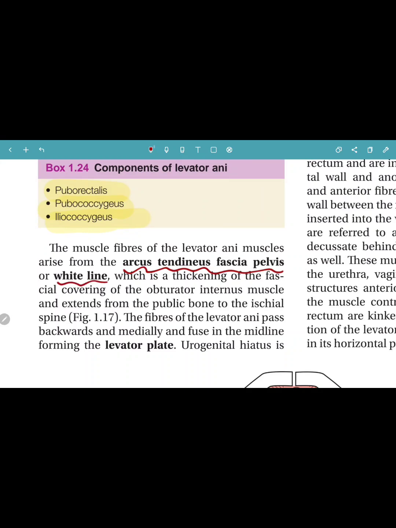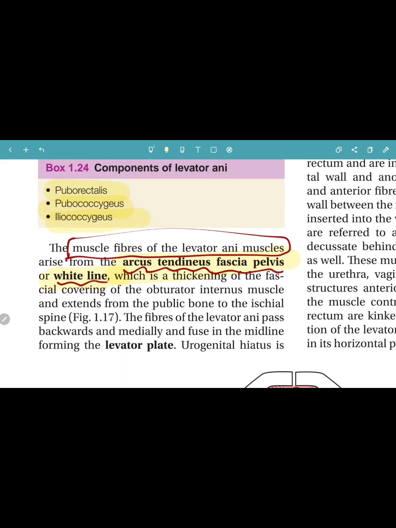All the muscles of the levator ani will be arising from this common line, the white line, otherwise known as arcus tendinous fascia pelvis, which is a thickening of the fascia covering the obturator internus muscle and extends from the pubic bone to the ischial spine.